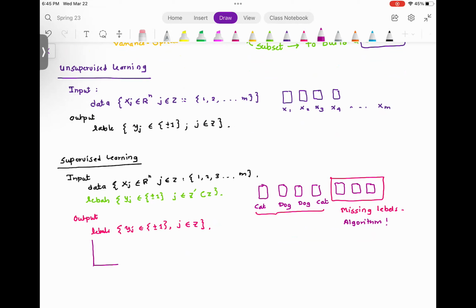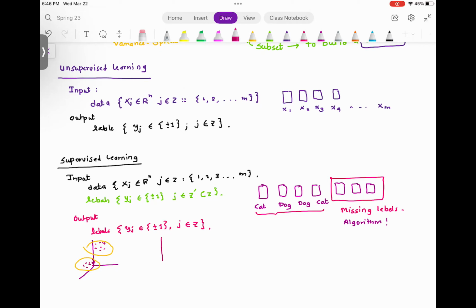Based on the principal features, I can cluster these data sets together. And it may so happen that these clusters are well separated. So this is an unsupervised learning problem.